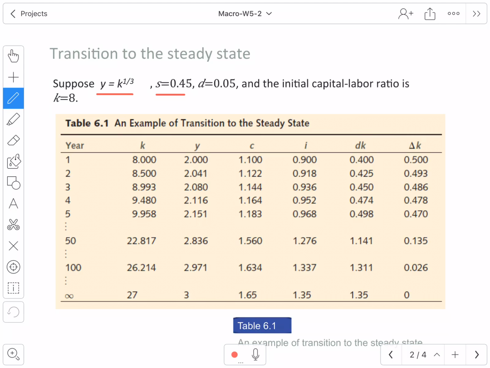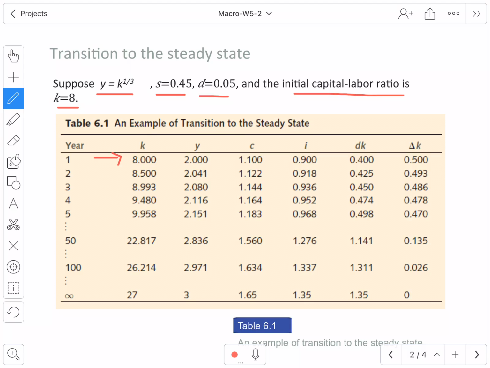Small s is the saving ratio, which is 45%, so 45% of your income is going to savings, or you can think of it as 55% of your income is going to consumption. 5% is the depreciation ratio. Your initial capital labor ratio that we're going to start with in year number 1 is $8. So we start with $8.